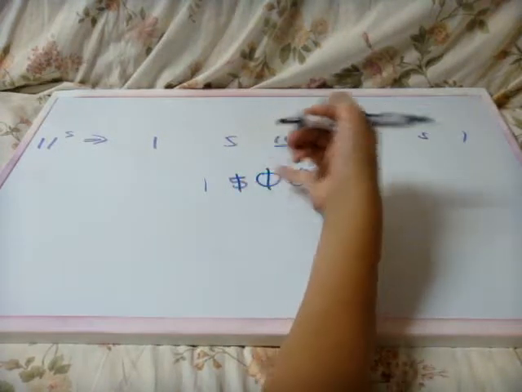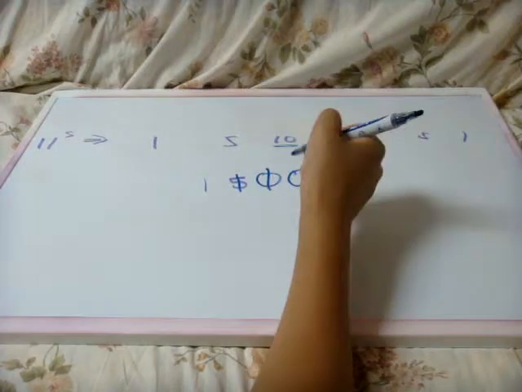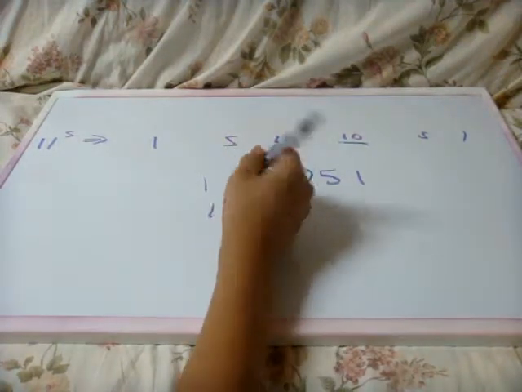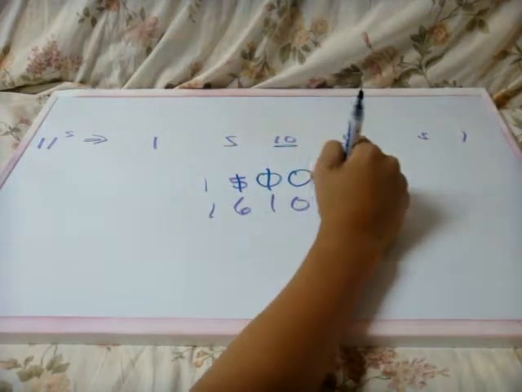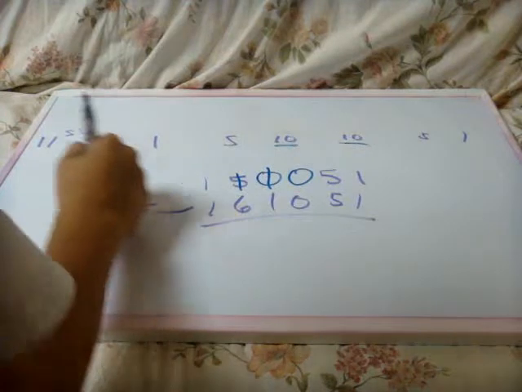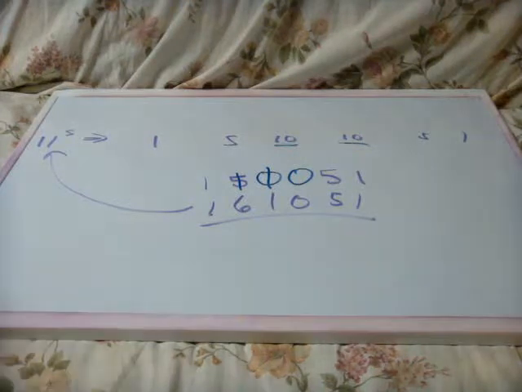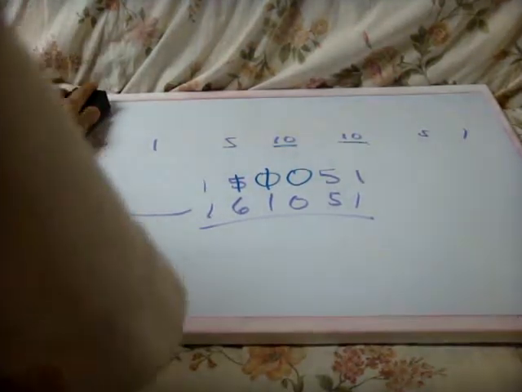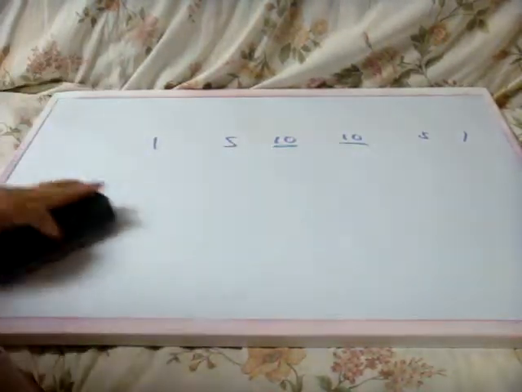Add them together, you get 1, 5 plus 1 is 6, 0 plus 1 is 1, 0, 5, 1. So that is what 11 to the power of 5 is. This will work for any row, including 1, 6, 15, 20, 15, 6, 1.